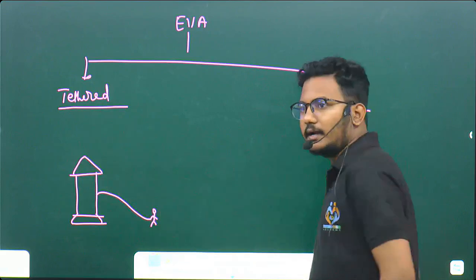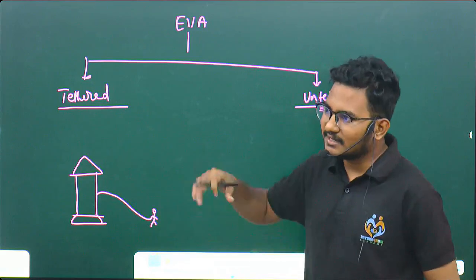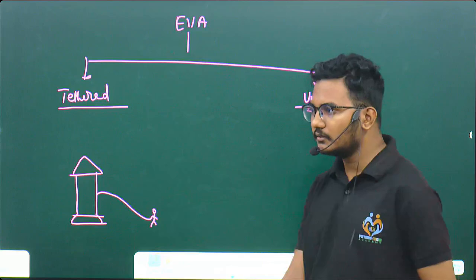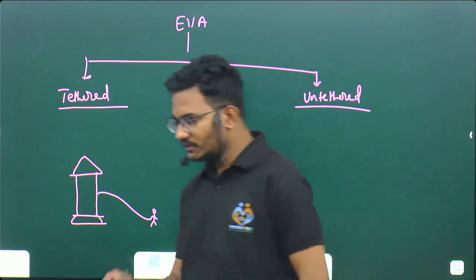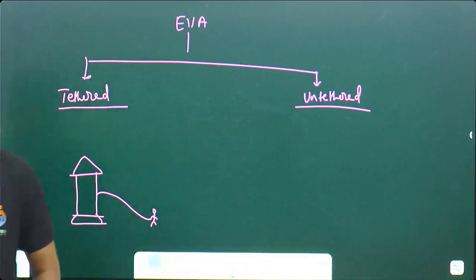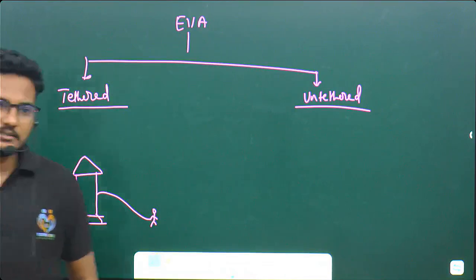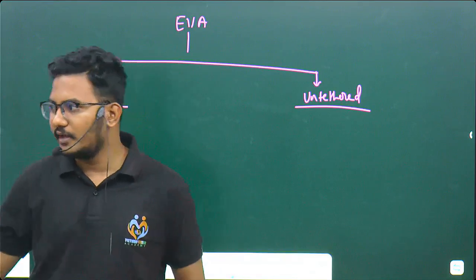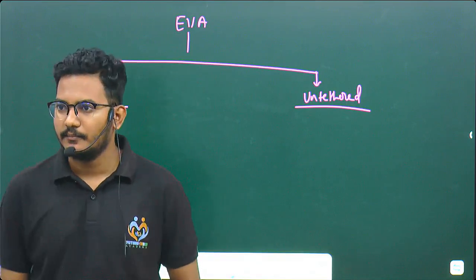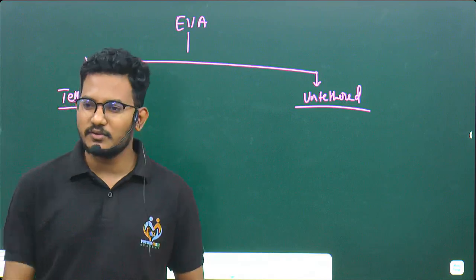If he is attached to the shuttle, then it is called tethered. If he is not attached to the shuttle and he is independently doing the spacewalking, then it is called untethered. So have you ever seen space movies on any space technology? In Antariksh, there will be an attachment from him to the vehicle, so this is tethered. There is another movie, Gravity.